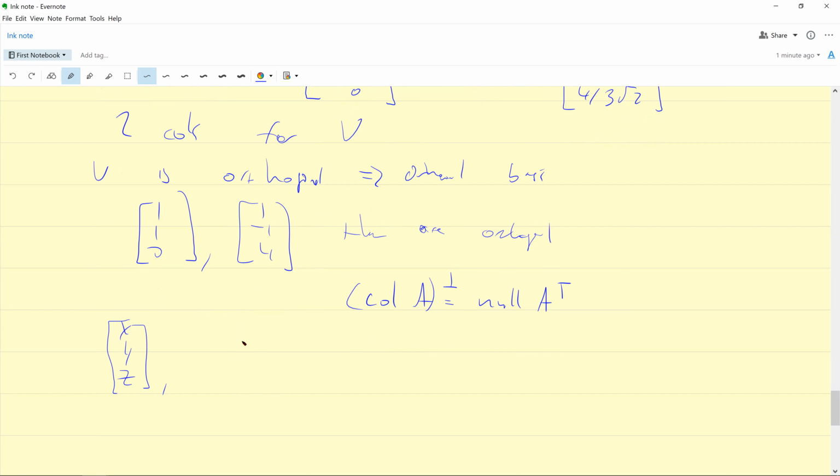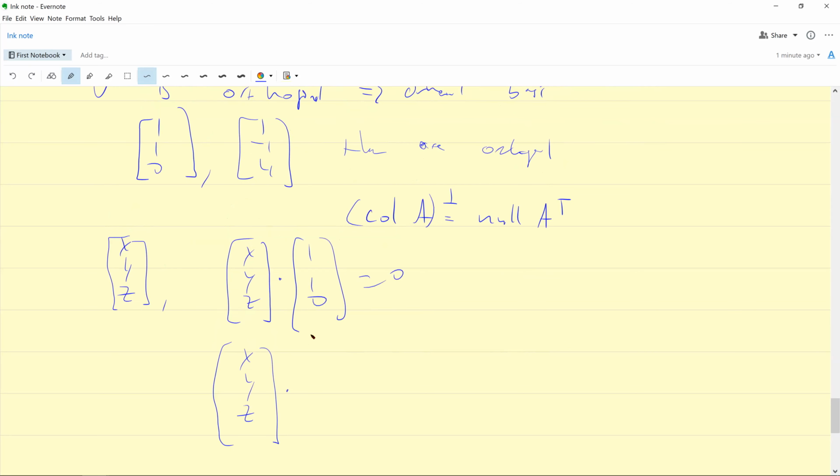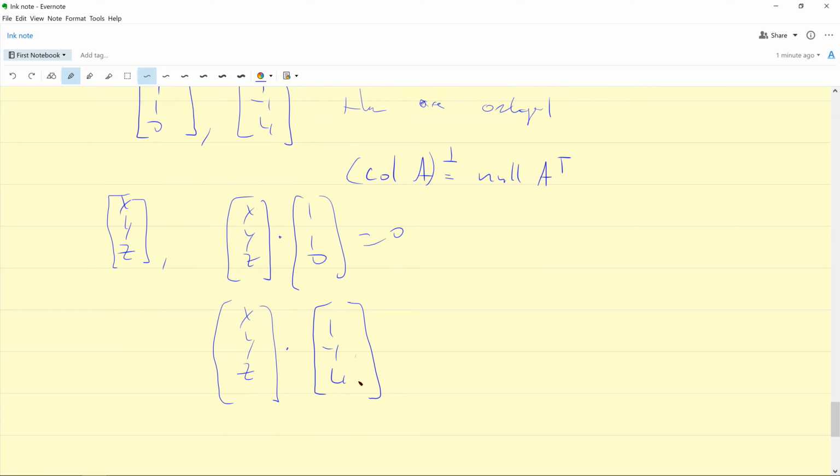We can say that (x, y, z) dot (1, 1, 0) is 0, and also (x, y, z) dot (1, -1, 4) is 0, making sure we don't pick something in the span of (1, 1, 0) or (1, -1, 4).